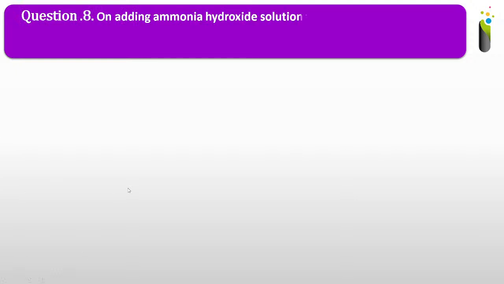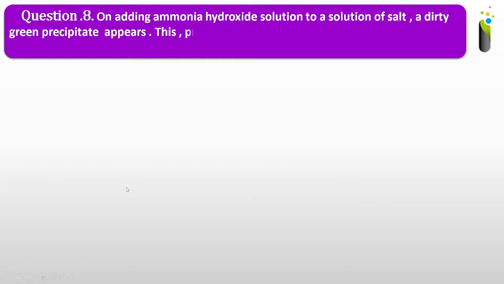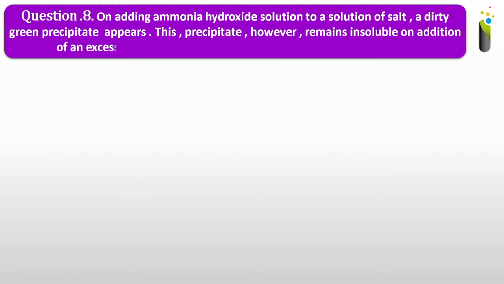On adding ammonium hydroxide solution to a solution of a salt, a dirty green precipitate appears. This precipitate, however, remains insoluble on addition of an excess of ammonia solution. Which metal solution is present?